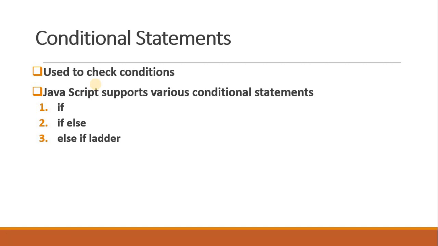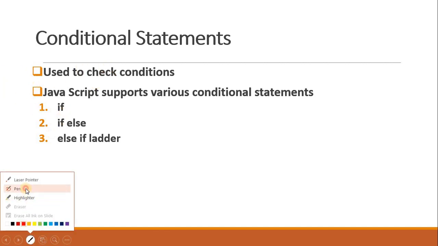So conditional statements, as I said, are basically used to check conditions, and based upon the condition result, we perform certain operations. JavaScript basically supports three different types of conditional statements. The first is called the if conditional statement.